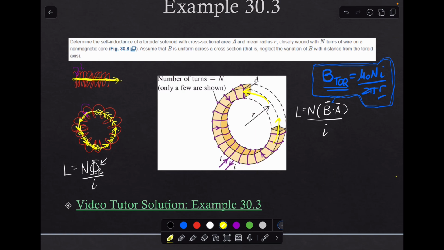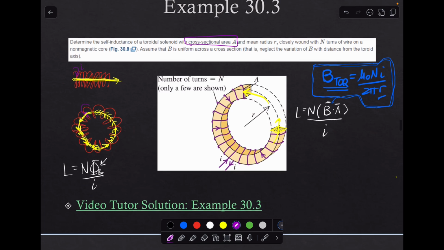And at every point, I guess it's a tangent point, at that magnetic field position, the area here is perpendicular to it, and it's the area of this cross section of the ring. The cross-sectional area was given to us here, so that's just A.